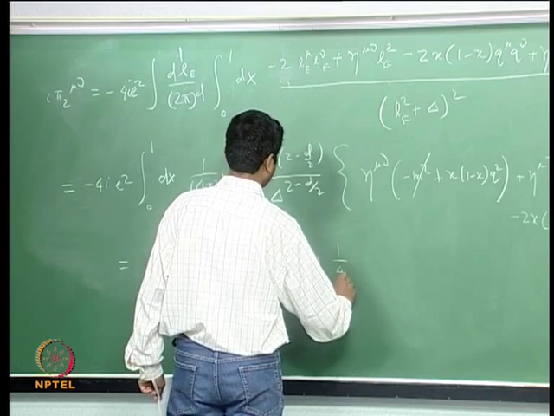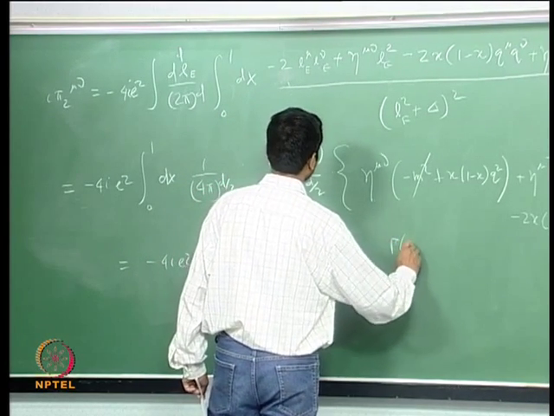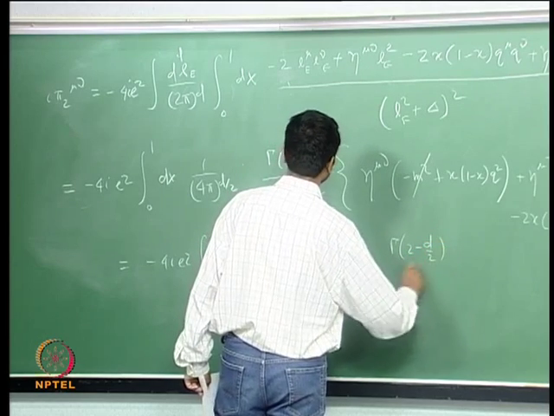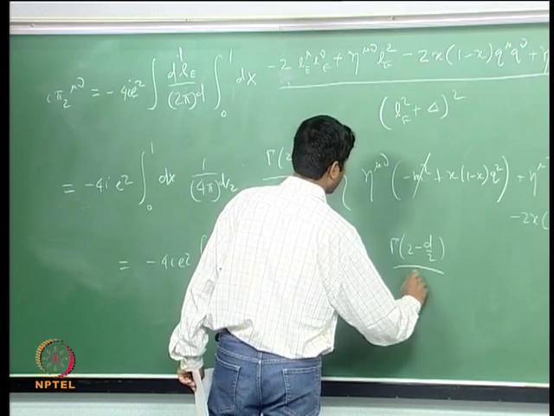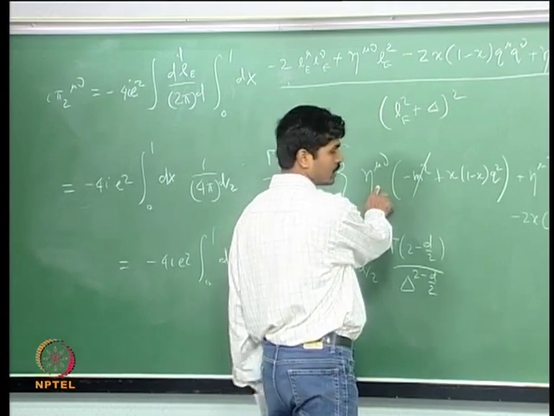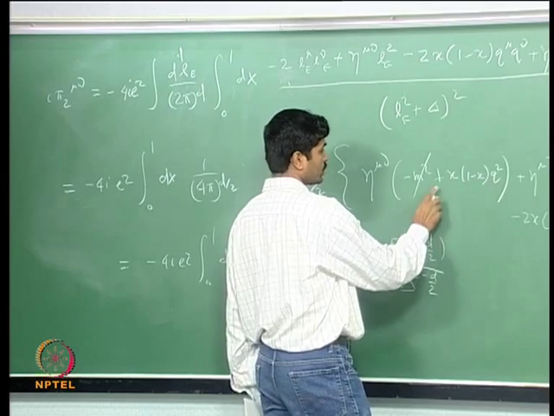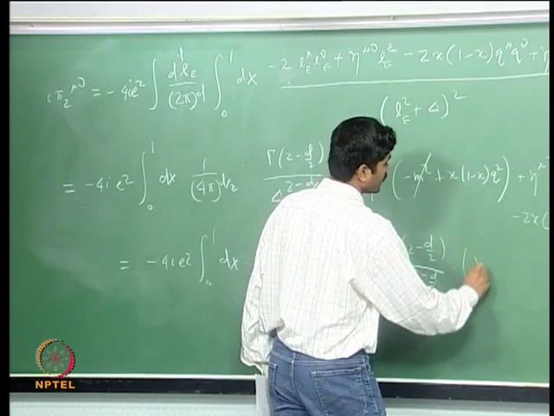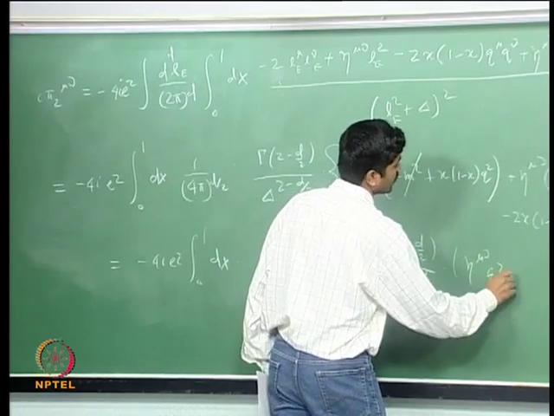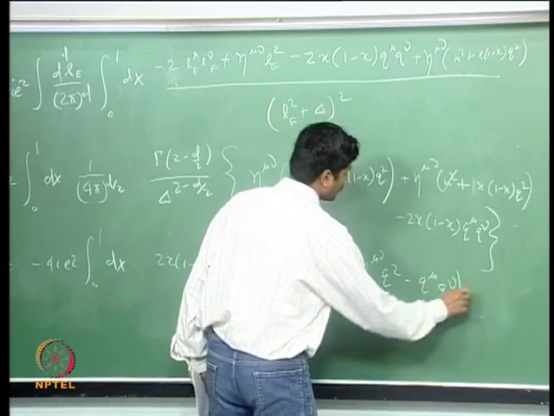1 over 4 pi to the power d by 2 gamma to the power 2 minus d by 2 divided by delta to the power 2 minus d by 2, and here you have eta mu nu times q square, and there is a minus q mu q nu.